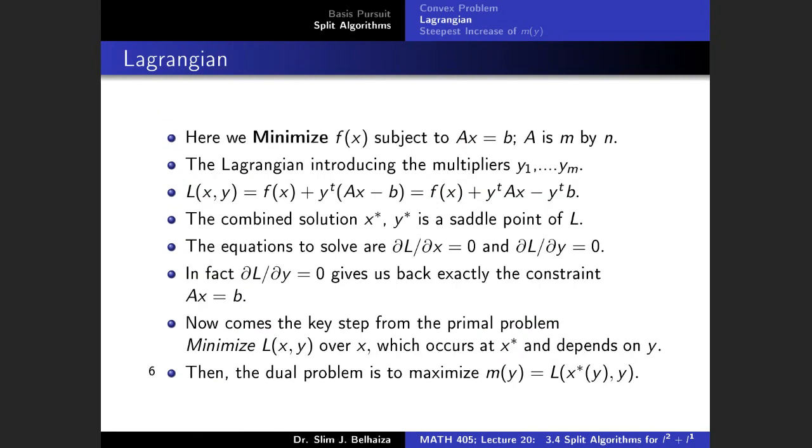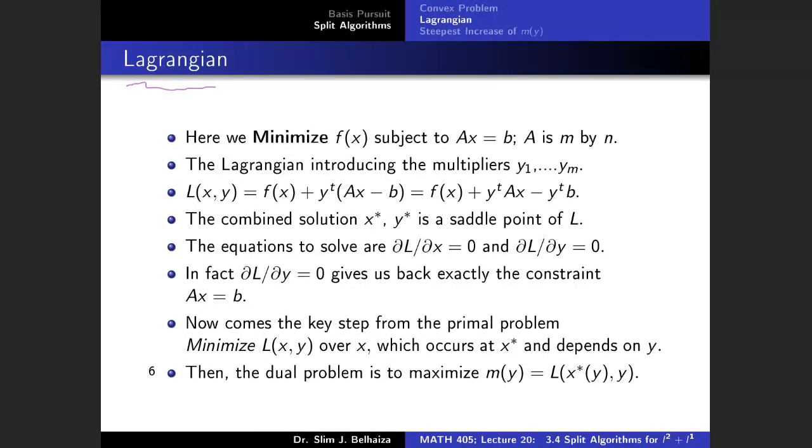Okay? First of all, this is a typical thing we see, the Lagrangian, in a basic optimization course. If you take anything about nonlinear optimization, or even sometimes incorporated in a linear optimization course, for example, I was giving part of it in Math405 a couple of years ago when we talked about linear and nonlinear programming.